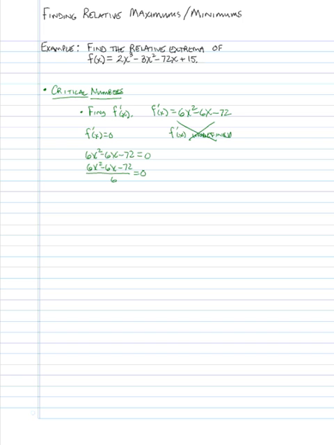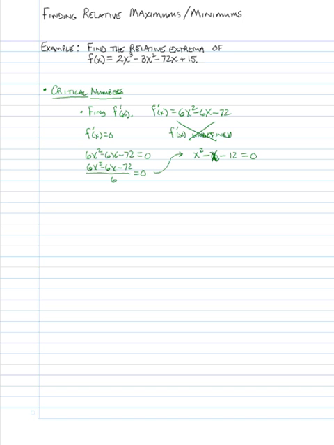When I divide 6x squared by 6, I get x squared. When I divide 6x by 6, I just get x, my bad. And when I divide 72 by 6, I get 12. And so my equation becomes x squared minus x minus 12.